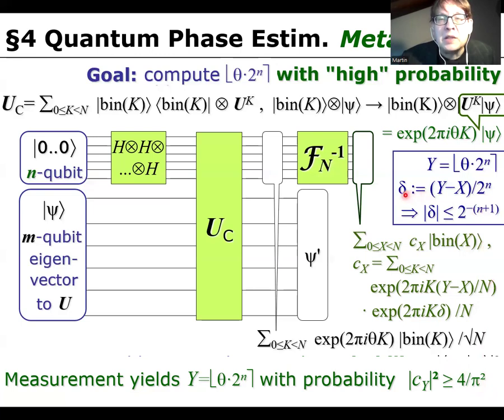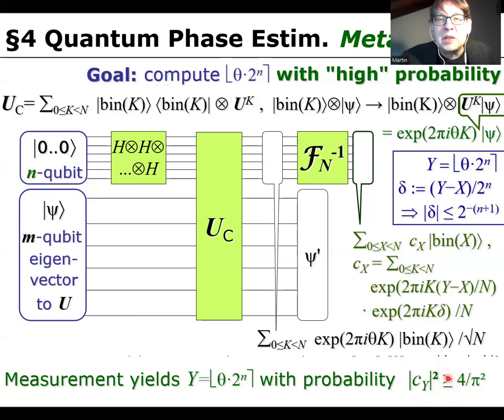Actually, when delta is 0, when the phase is a perfect power of 2 to the minus n, then the result will be y with probability 1. But when delta is not 0, when we do have to do some rounding to get to the nearest integer power of 2 to the minus n, then the probability becomes smaller than 1.